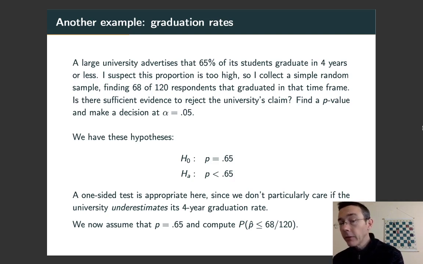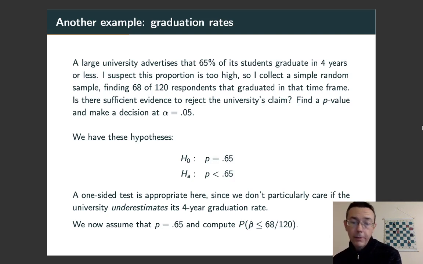A one-sided test is appropriate here. We don't particularly care if the university underestimates its 4-year graduation rate. We started off by saying we are worried that they have overestimated. So as always with hypothesis testing, we assume our null hypothesis. We assume that the parameter is p equals 0.65. And we compute the probability of getting sample data like ours just by random chance.